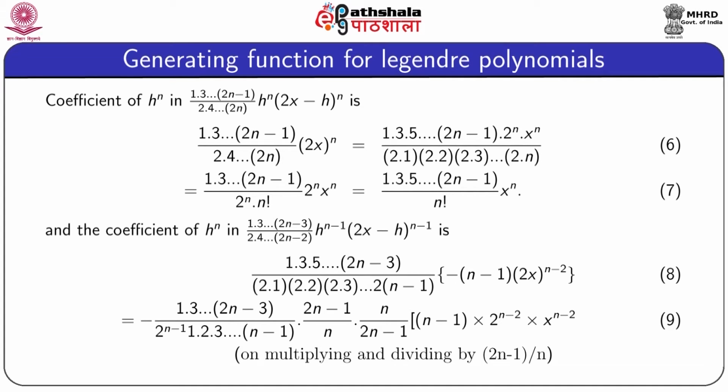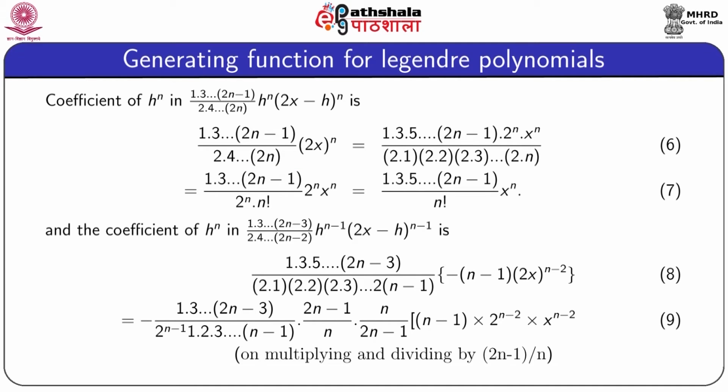All the other terms will contain h, and that is why the coefficient of h to the power n in the expansion of this is going to be 1.3 dot dot 2n minus 1 divided by 2.4 dot dot 2n into 2x whole to the power n.